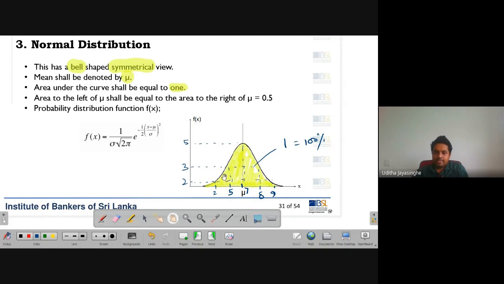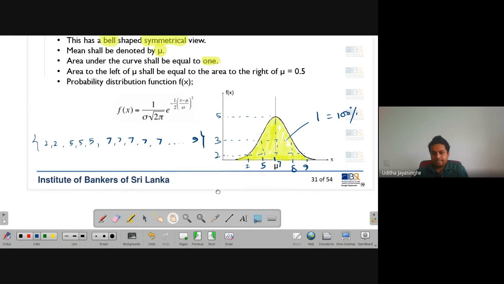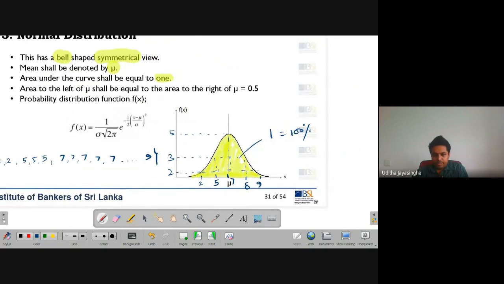If I write it in some sort of set notation, this is how it is going to be: 2 2 5 5 5 and 7 7 7 7 7, likewise up until 9. And then what can you see from these heights? These are the respective individual values.